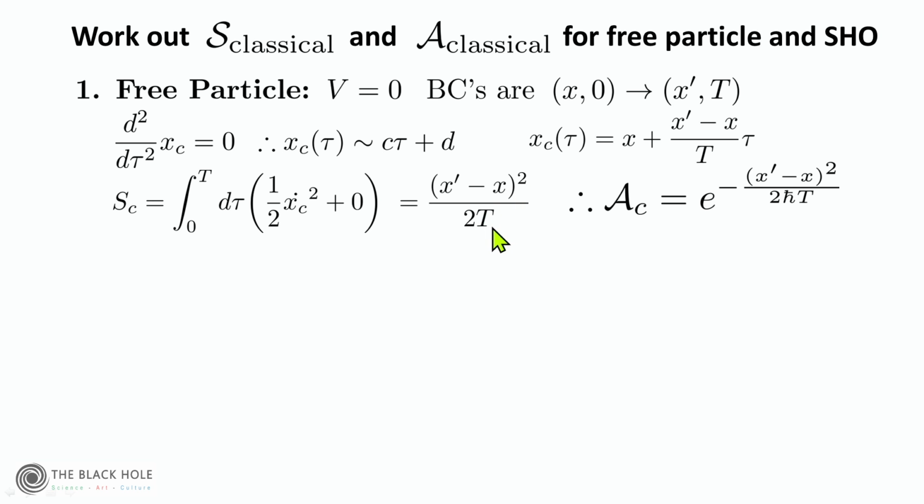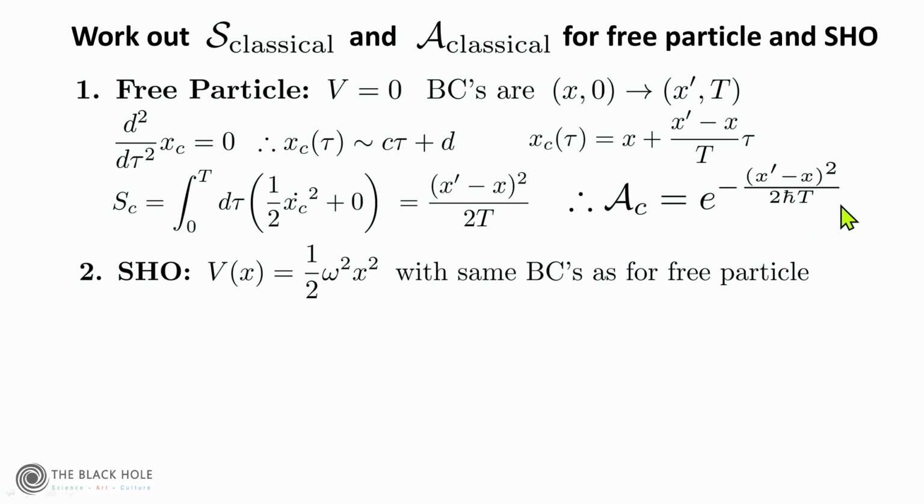All right. Okay, so now the amplitude to go from here to here is just e to the minus 1 over h bar into this. And so we've got the classical amplitude.